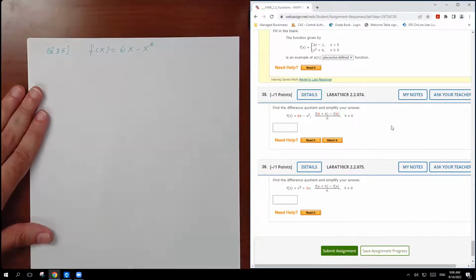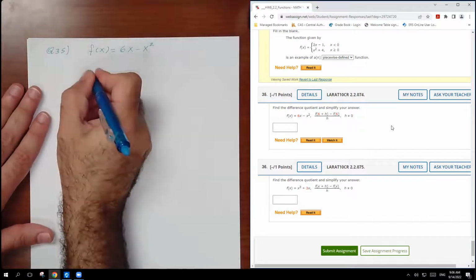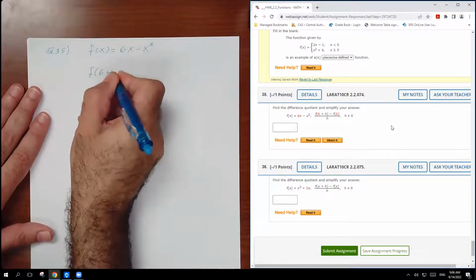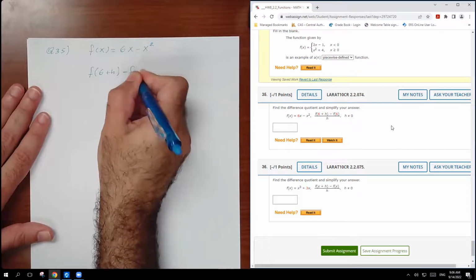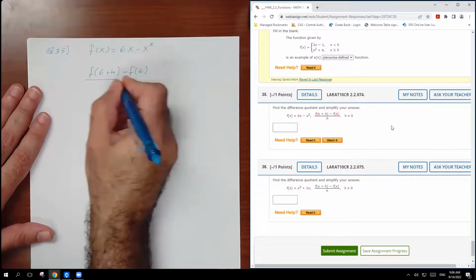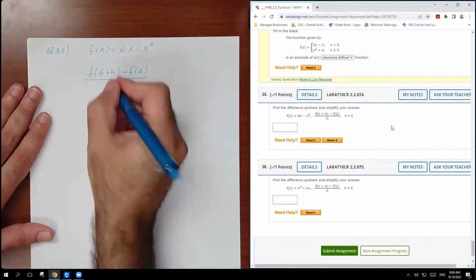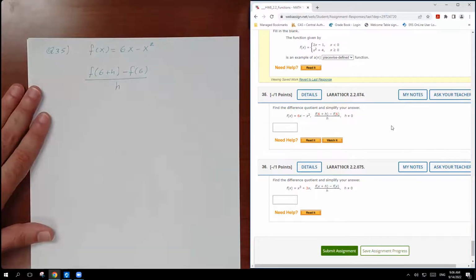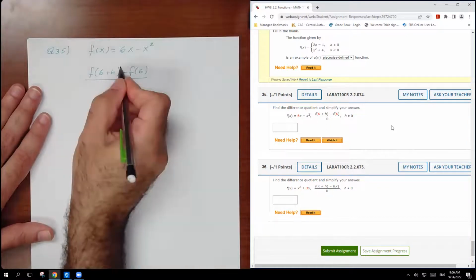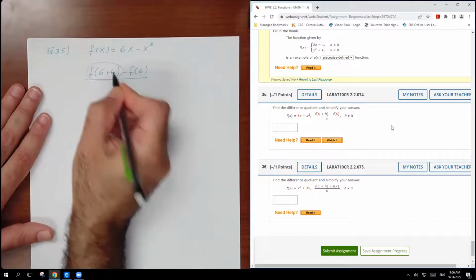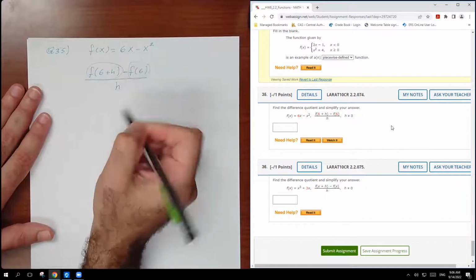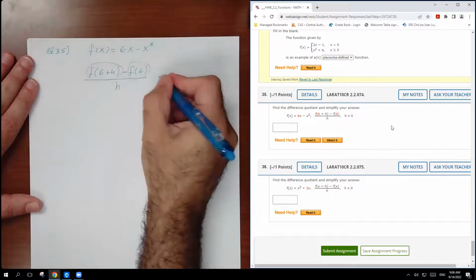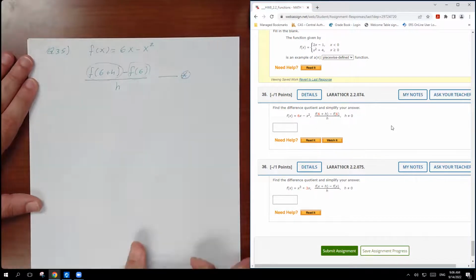Let's write down this one. f of 6 plus h minus f of 6 over h. That's what we need to find. So I'm going to find the first part, then I'm going to find the second part and plug in everything here. This one is the star. That's what we need to find.